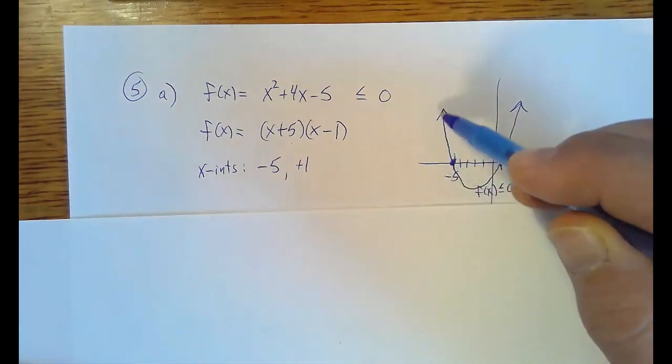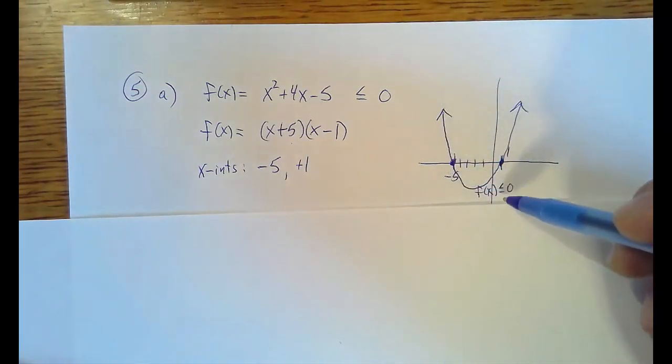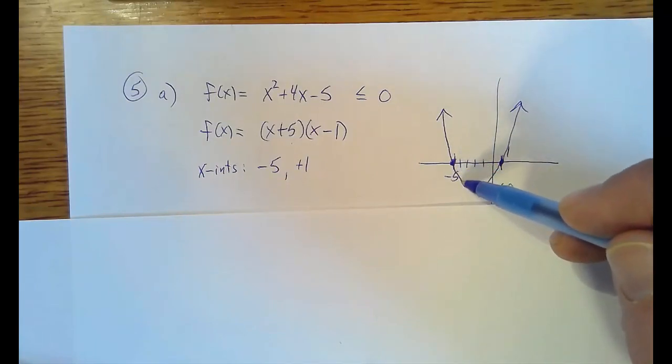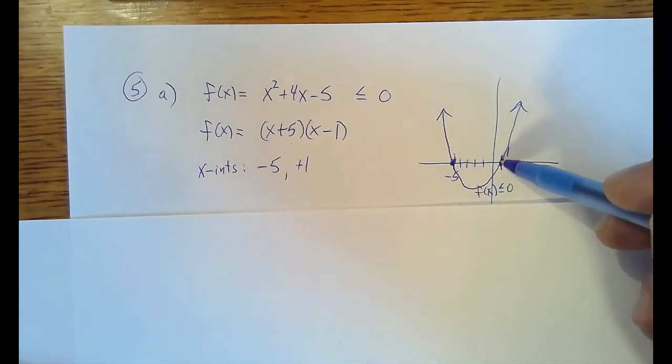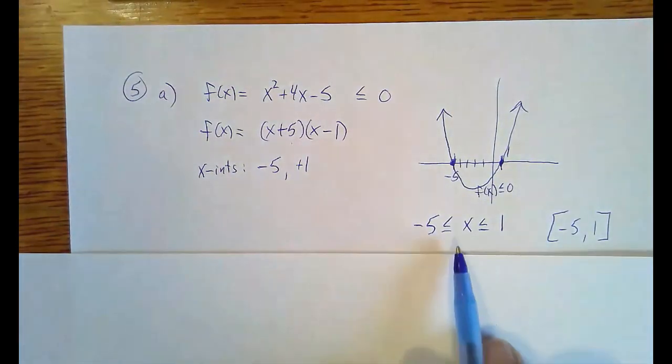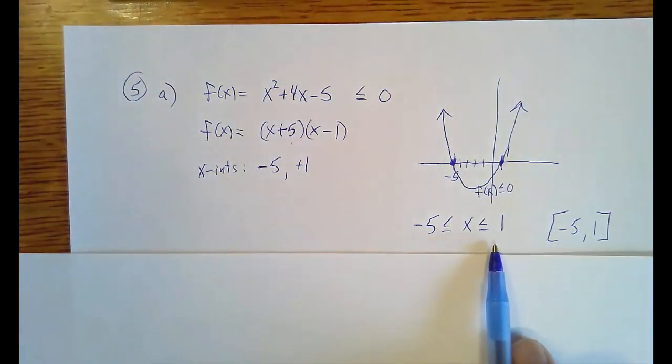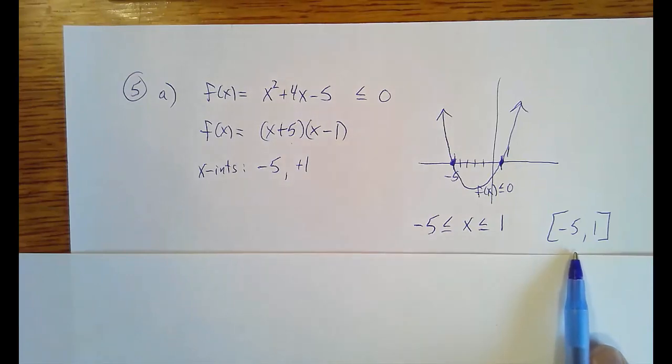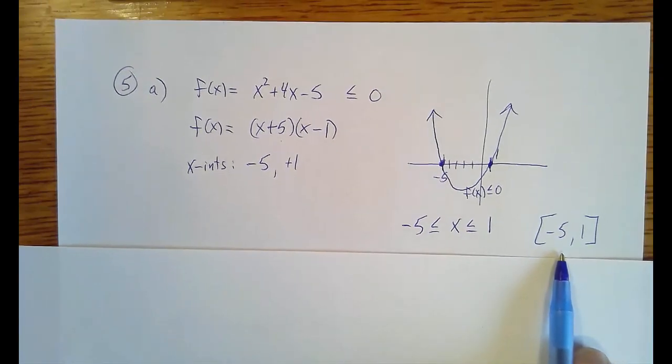So the graph looks like this, and we're just trying to determine when is the function less than or equal to 0. That would occur when x is between -5 and +1, including the x-intercepts -5 and +1. So we see that x is between -5 and 1 inclusive. In interval notation, this would be written as bracket -5, comma 1 bracket.